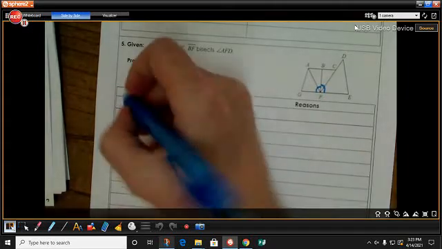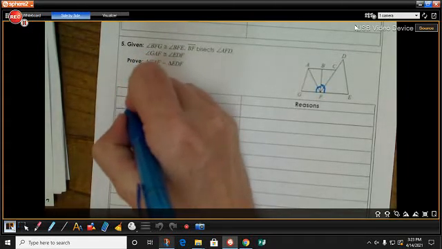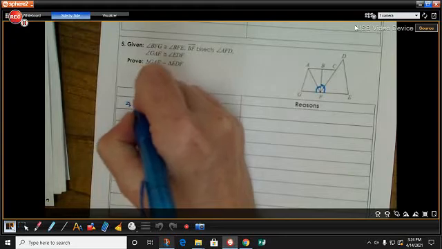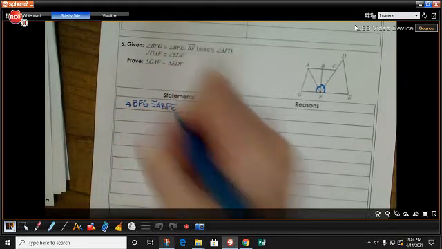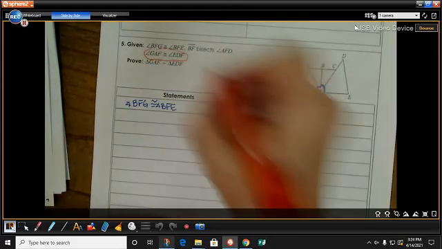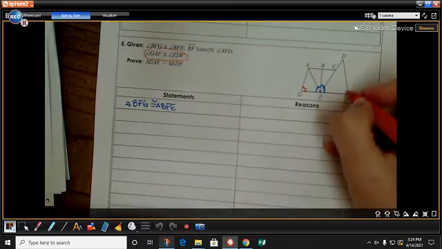I also have that angle GAF, right here, is congruent to angle EDF, right here.